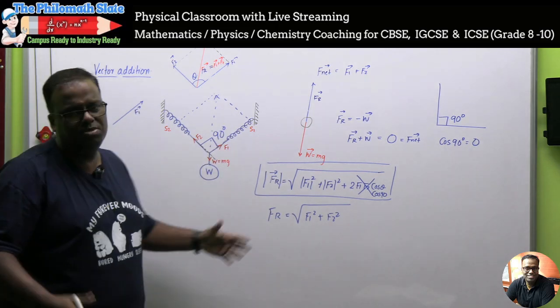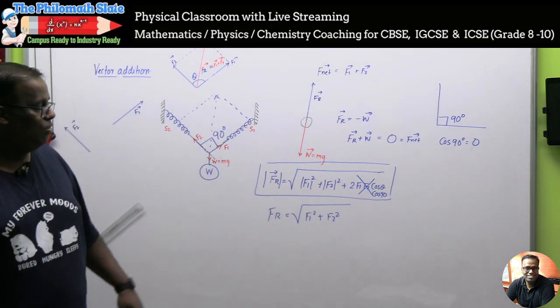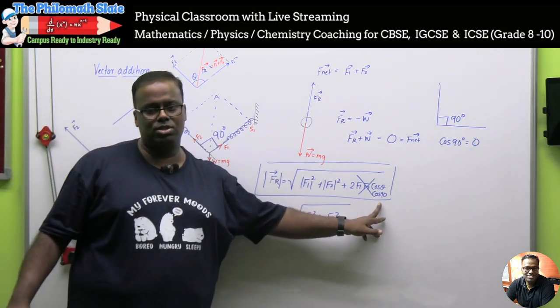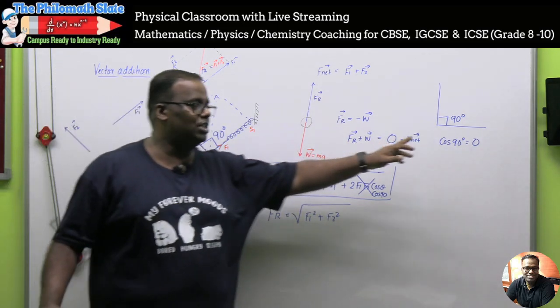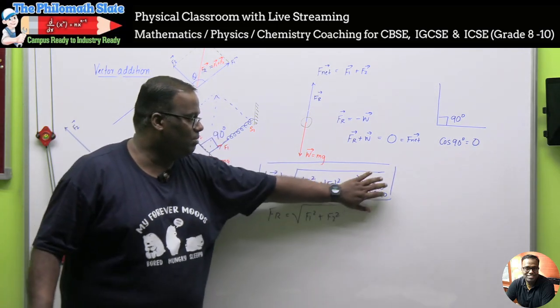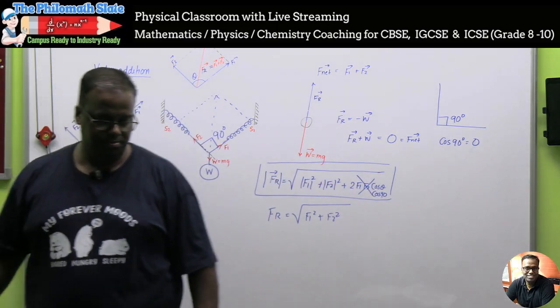You won't be given some 60 degree, 30 degree as of now, because you don't know how to calculate cosine. And why are you given 90 degree? Because cos 90 is equal to 0. तो ये वाला टर्म गायब हो जाता है आपकी एक्सप्रेशन से.